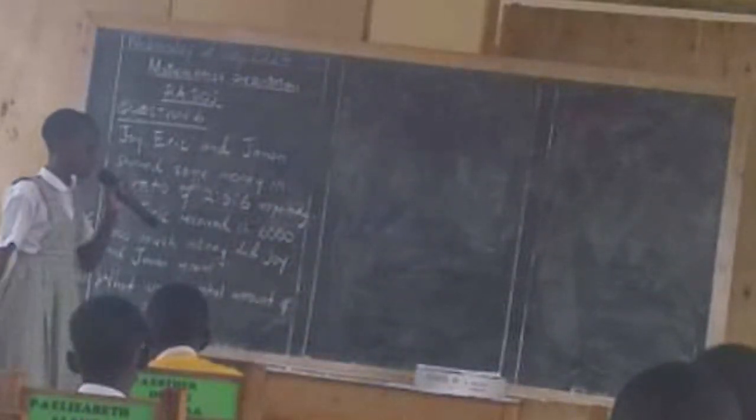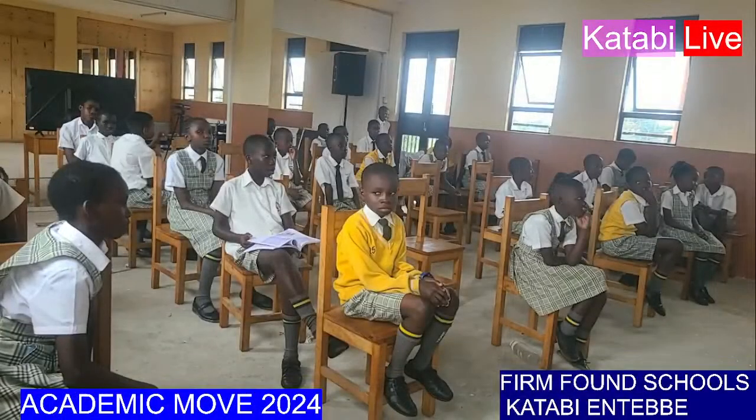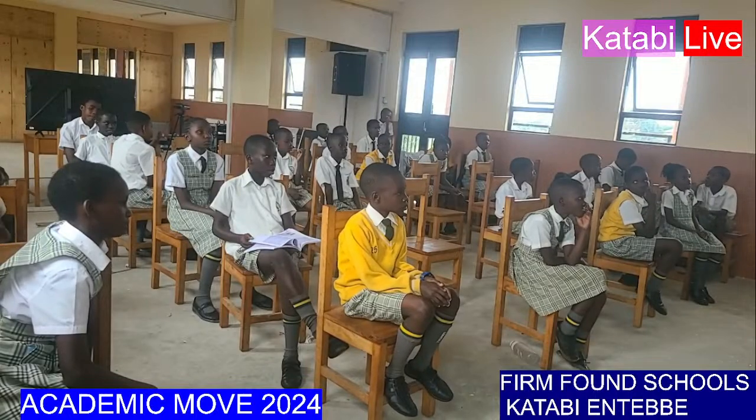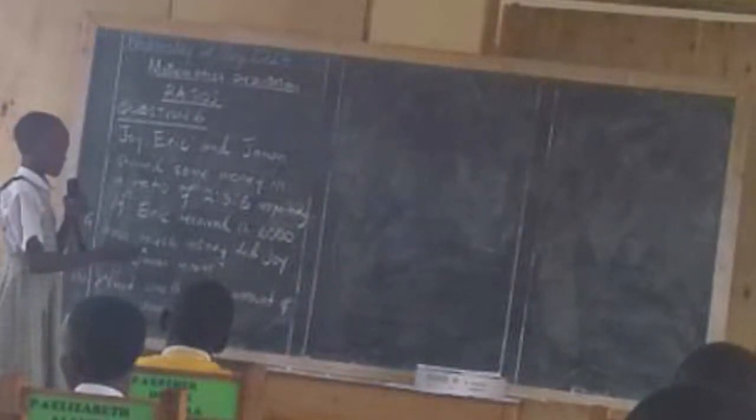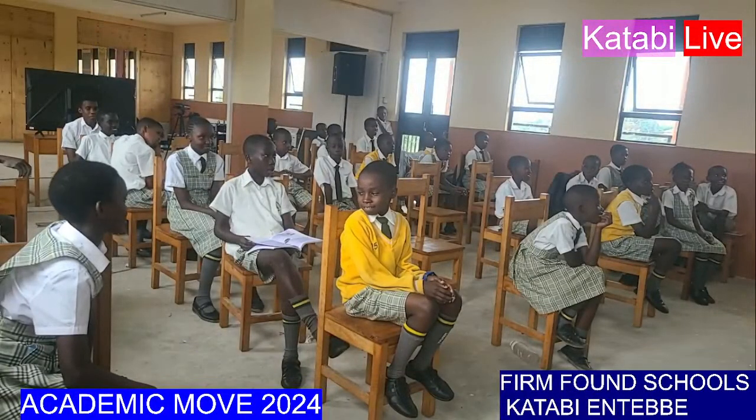So, if we want to find the money that Joy and Janan received, we have to first find the difference in ratios. So here we might not even use the total ratio. So let's continue.